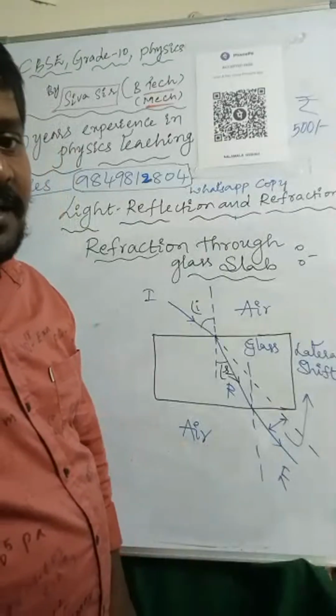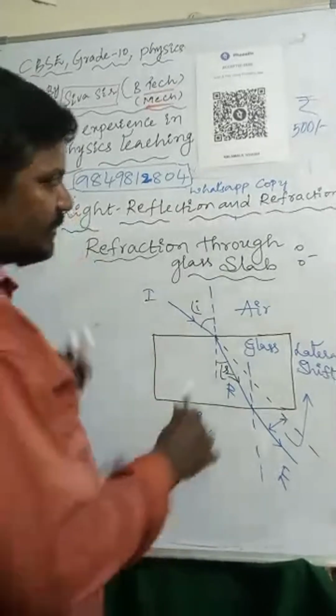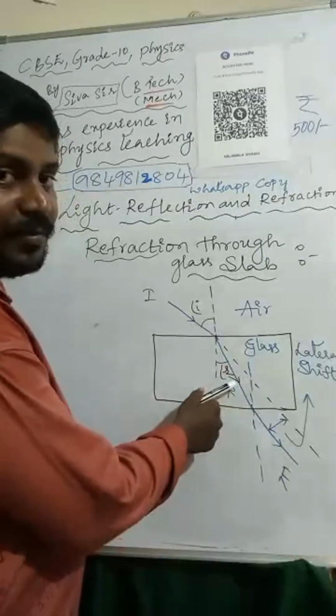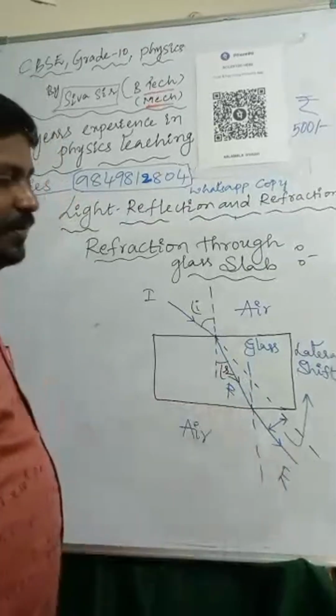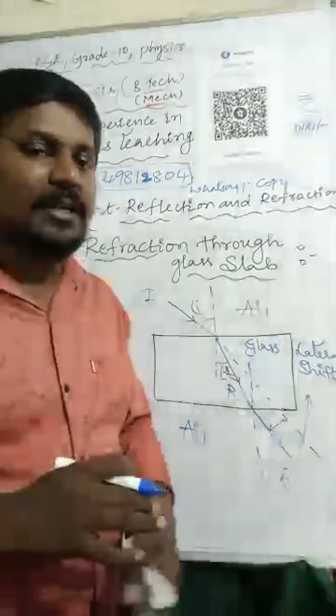Clear? Any doubts? One more point is, if it is moving from rarer to denser, it bends towards the normal line. If it is moving from denser to rarer, it moves away from the normal line. And one more point is lateral shift.